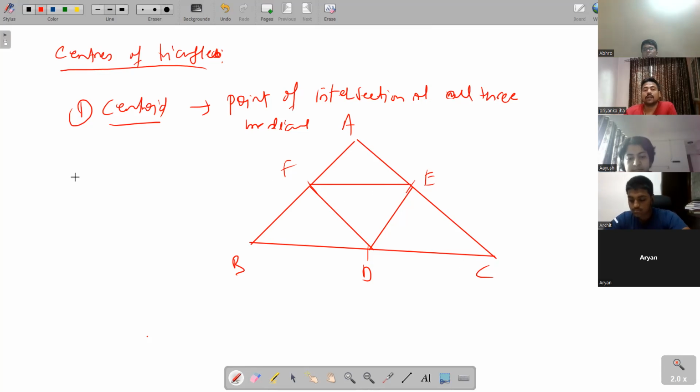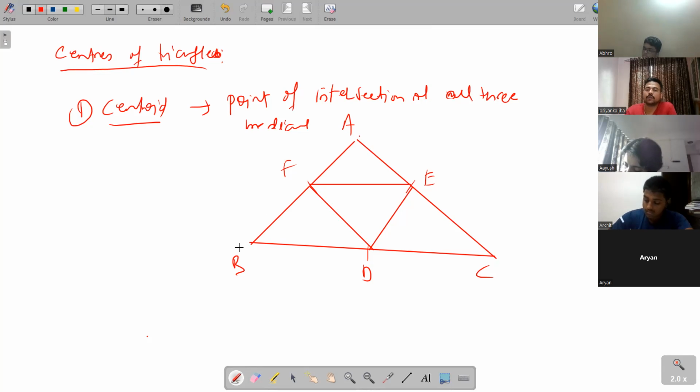Make a note. The centroid of triangle DEF formed by joining midpoints of sides of triangle ABC will be the same as the centroid of triangle ABC.